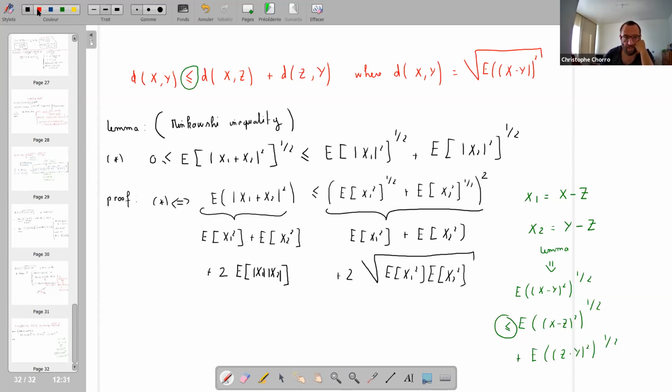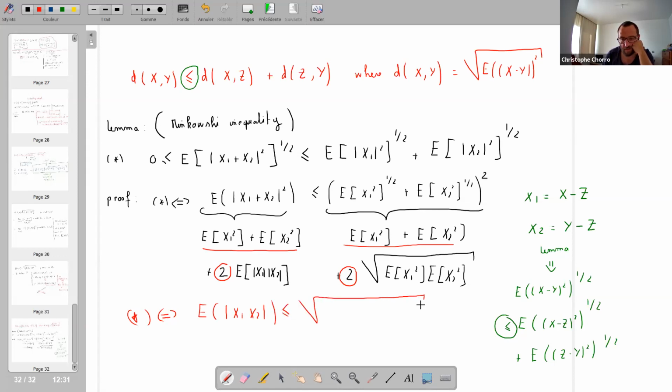And I see that since this term is equal to this one, and since I have the 2 here and the 2 here, my inequality is in fact equivalent to proving that this term is less than this one.